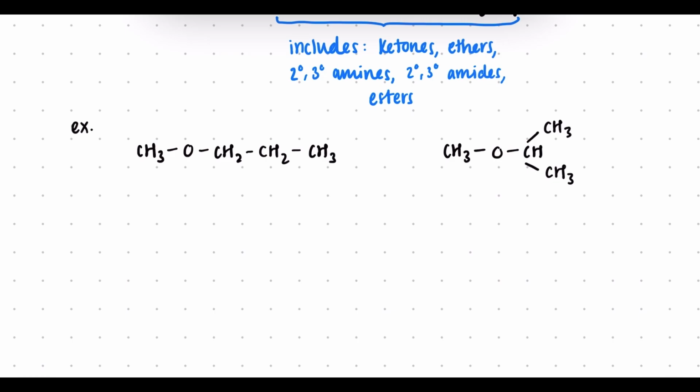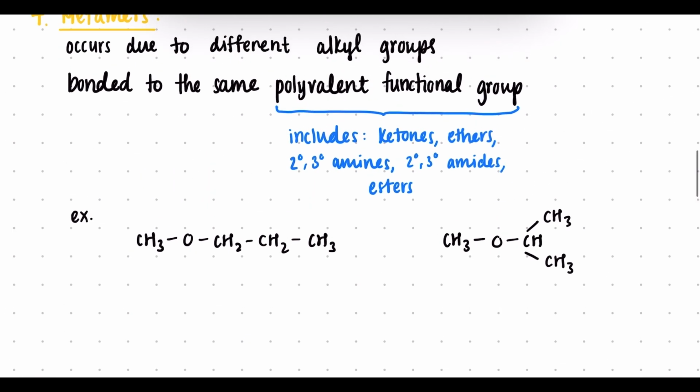And in which aspect are they isomers? Well, according to the definition of a metamer, it's when different alkyl groups are bonded to the same polyvalent functional group. So different alkyl groups. Now, in the first compound here, let me take a highlighter.